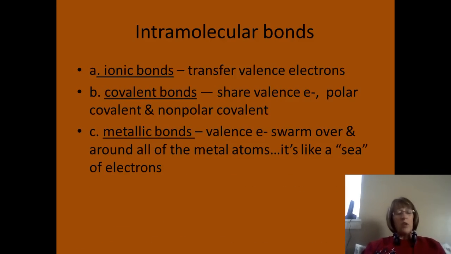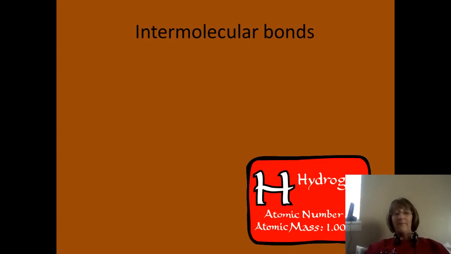The valence electrons are just swarming all over the place. Whatever atom brought its valence electrons, those electrons didn't stay with them. They were just like 60s or 70s hippies, free to go with whomever they wanted to. Sometimes they refer to it as the atoms being in a sea of electrons.